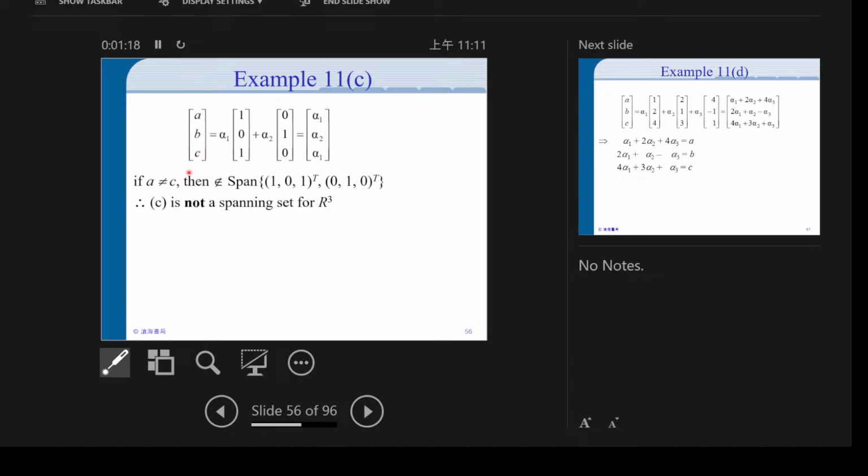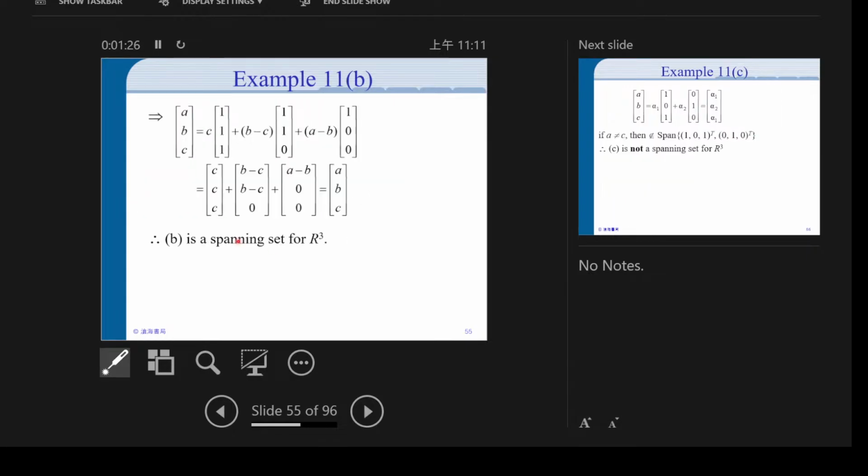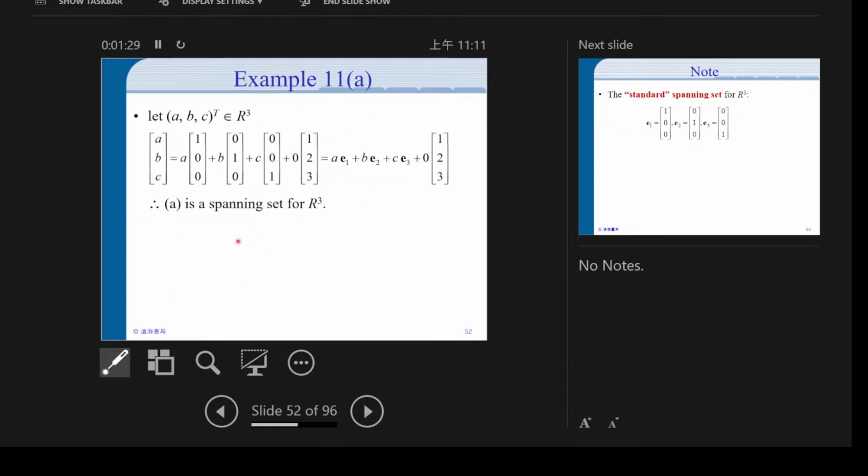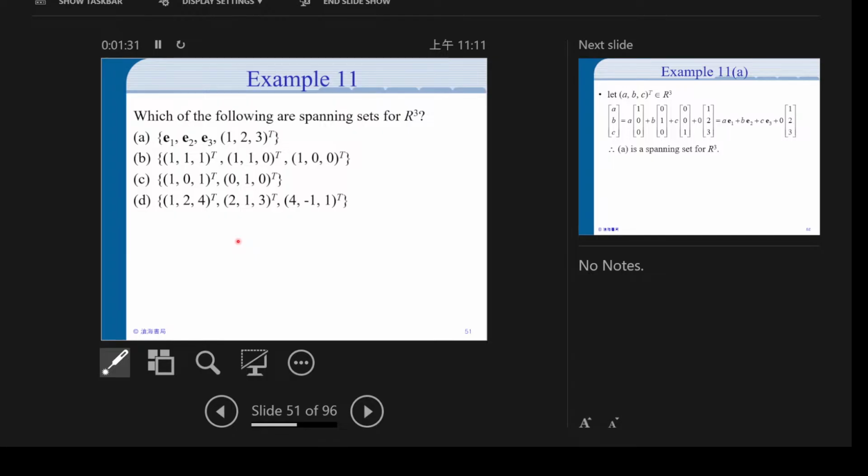So when A is not equal to C, it's not in the span of 1, 0, 1 and 0, 1, 0. So C is not a spanning set. And now let's go back to this very complicated D part.